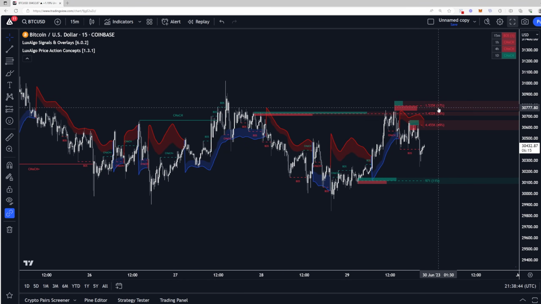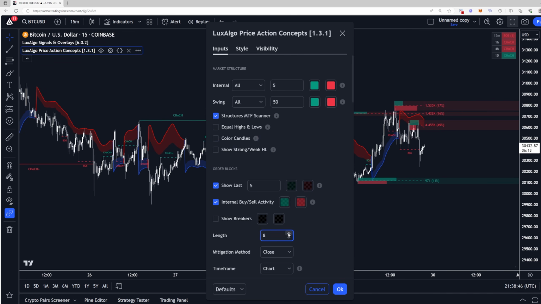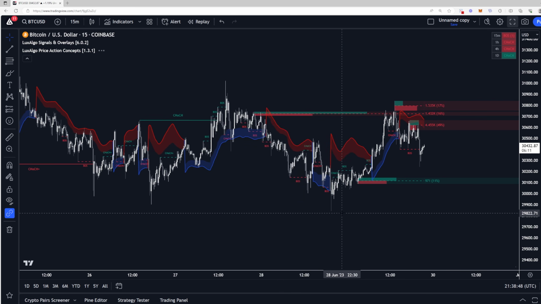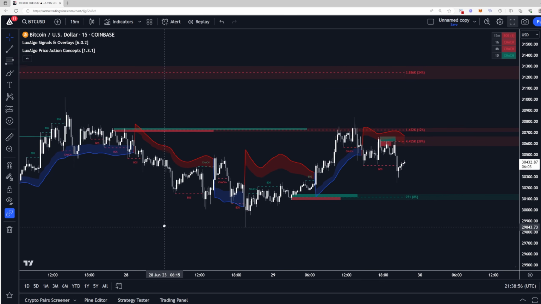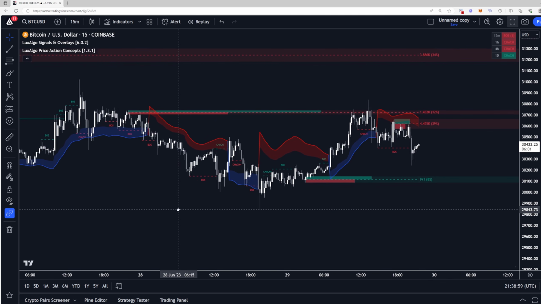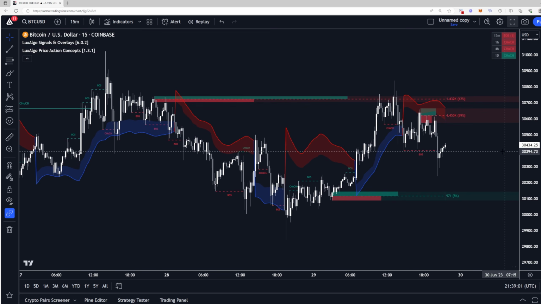You can see this one is applying right here. We're gonna increase it a little bit more for this chart just to customize it how we really want. And that is just like this right here, okay? So this is the setup and this is what we are working with for utilizing the LuxAlgo premium indicators together to get some really solid trading strategies that you can implement.